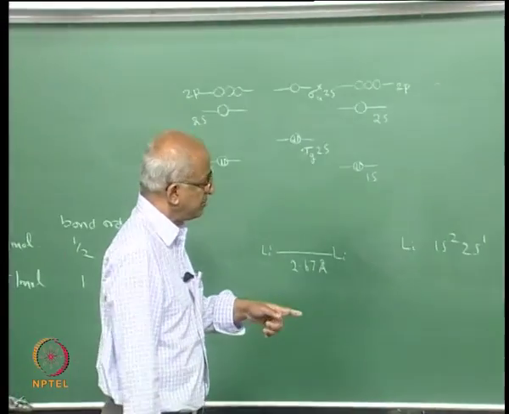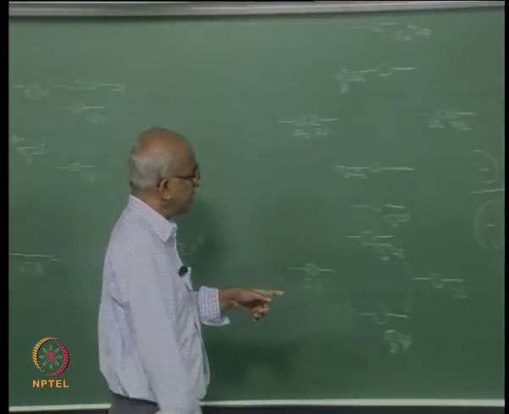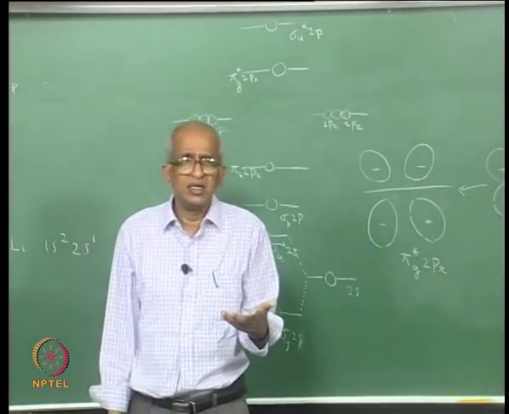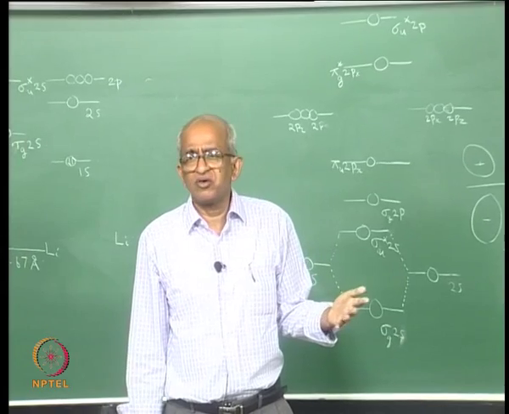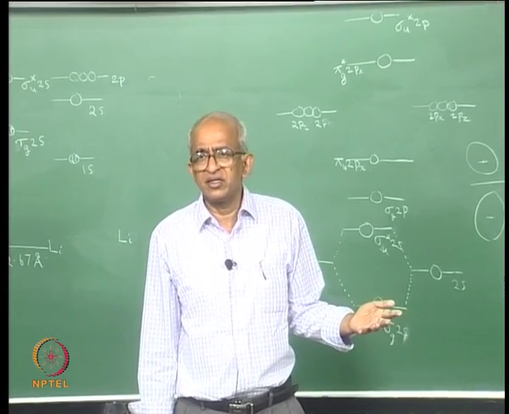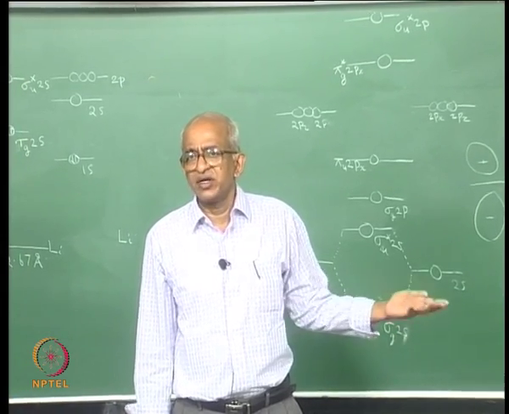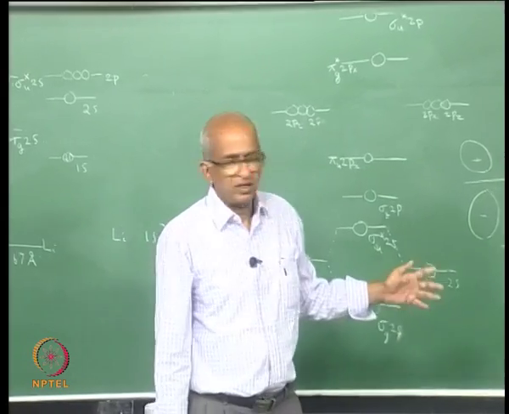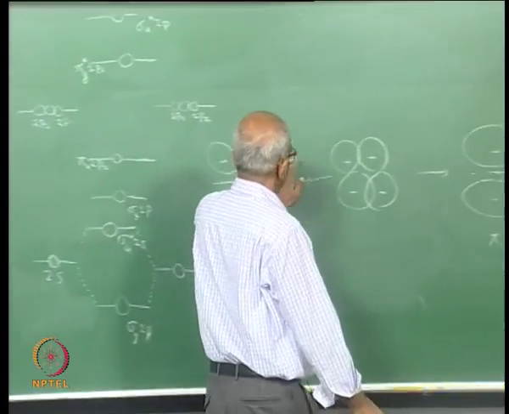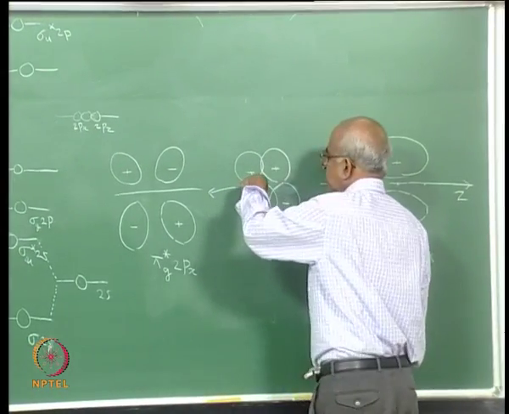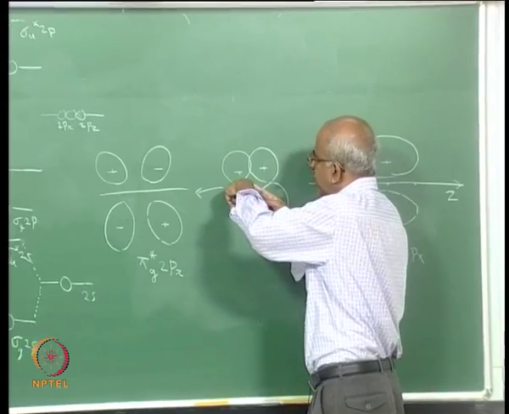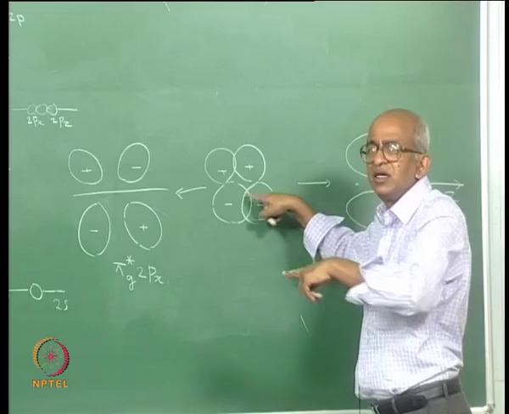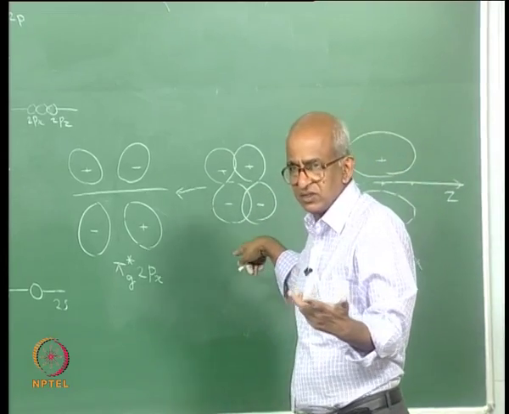Now, further, whatever I have told you regarding 2px is actually valid for 2py. 2px and 2py are not very different, they are different only in the sense that their orientations in space are different. If you say 2px is in the plane of the board, 2py is perpendicular to the plane of the board. So, there is a 2py here, there is a 2py there, they are going to interact just the way this 2px interacts.